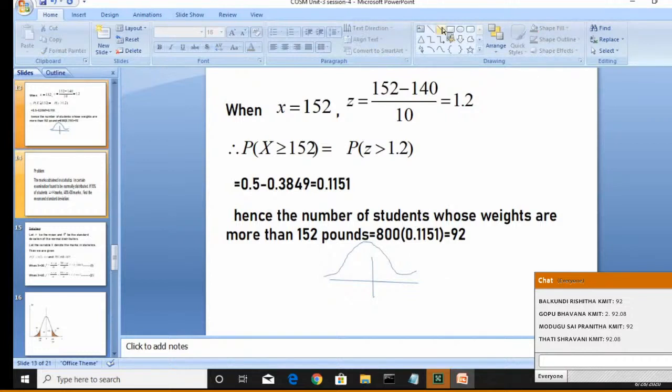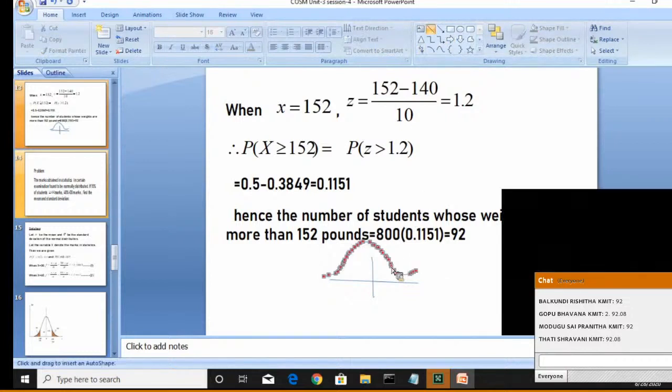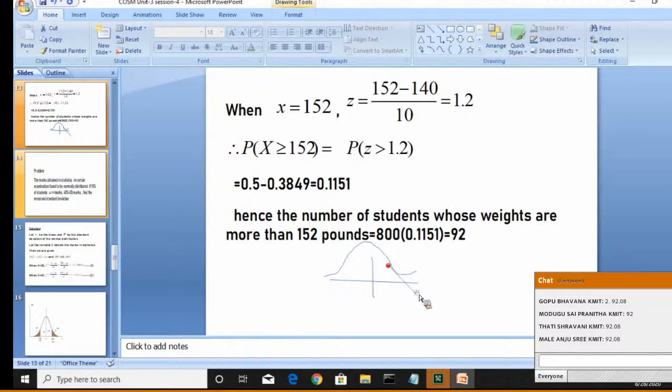Yes, 1.2 will be coming on the right side.